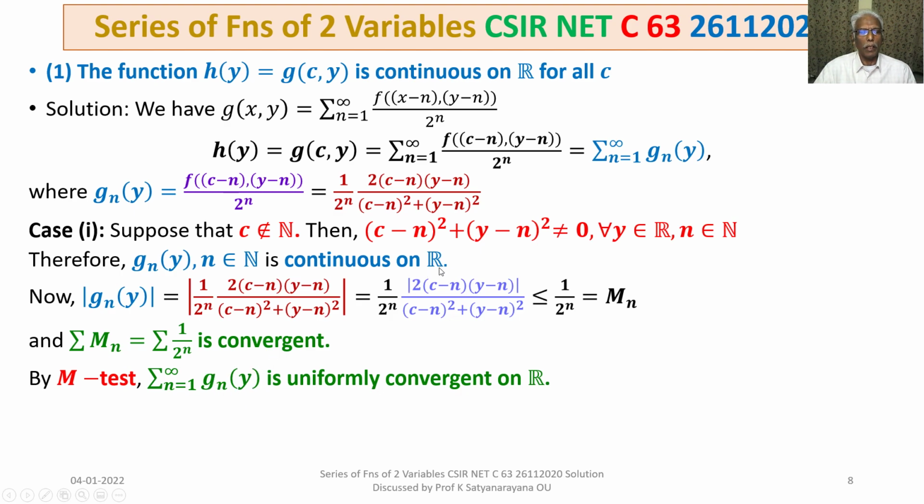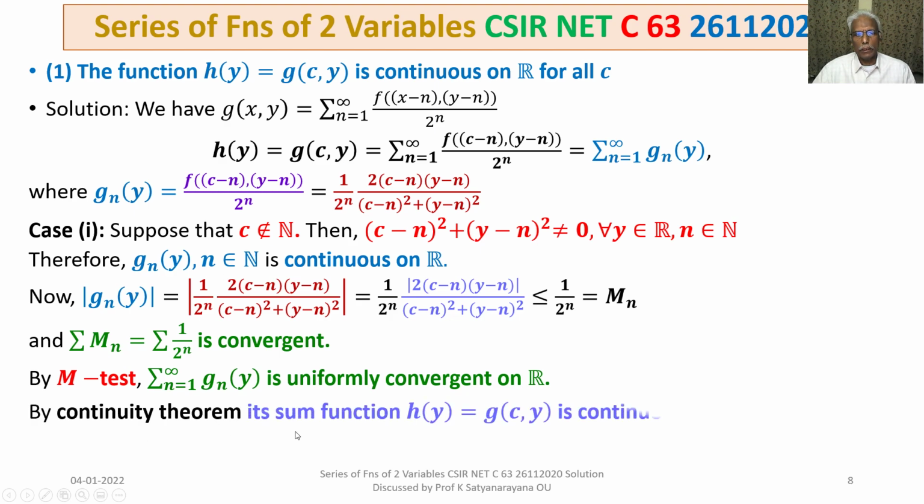By the continuity theorem, its sum function h of y, that is equal to g of c comma y, is also continuous on R when c is not a natural number.